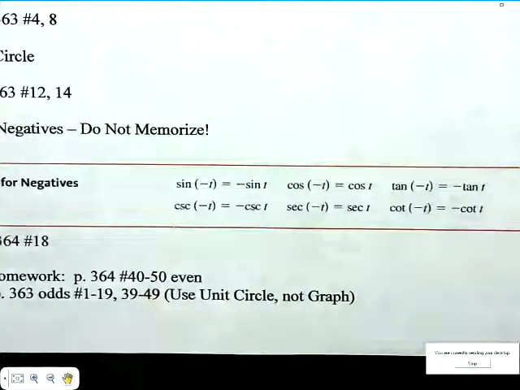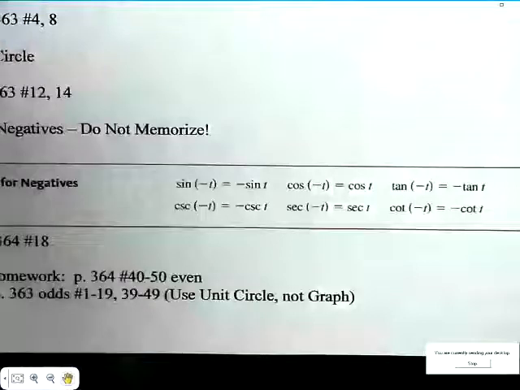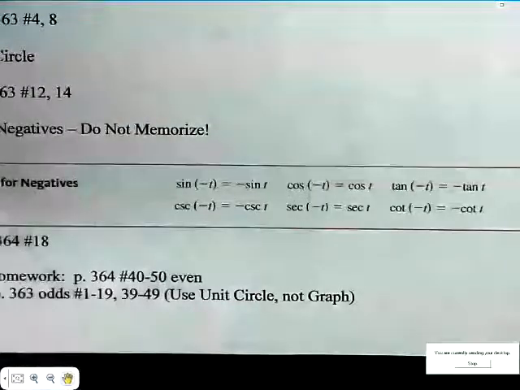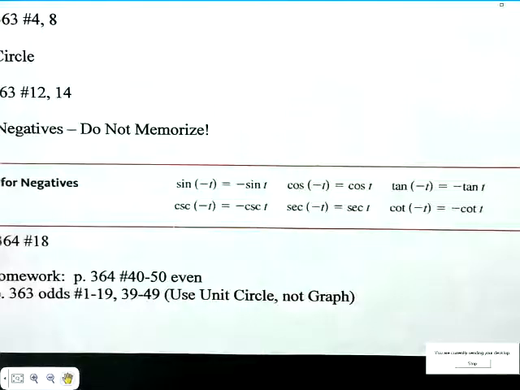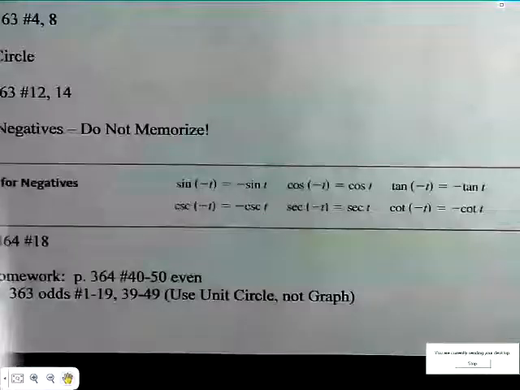If you give me a number, let's say 18B, that says find the cosine of negative 225 degrees.